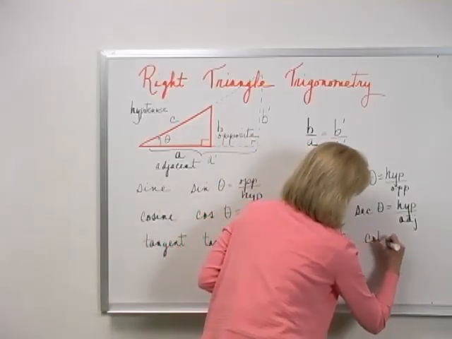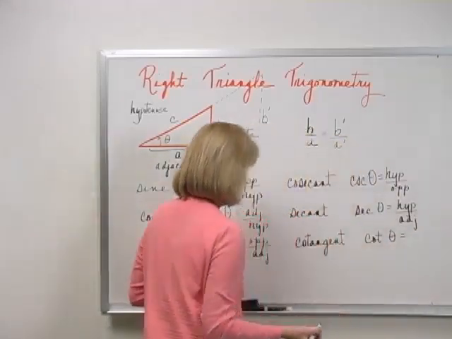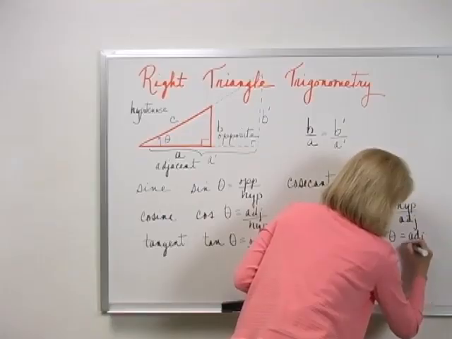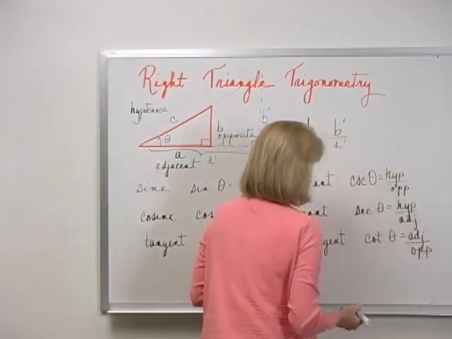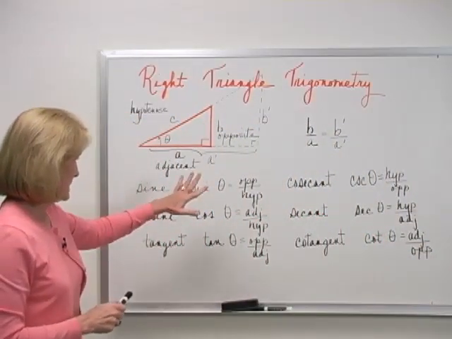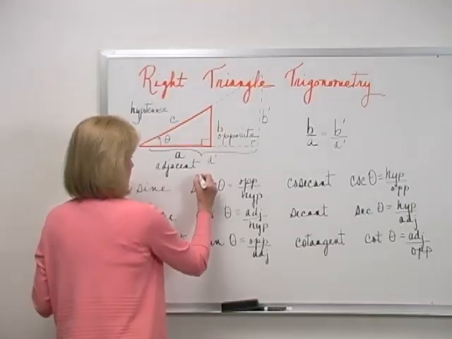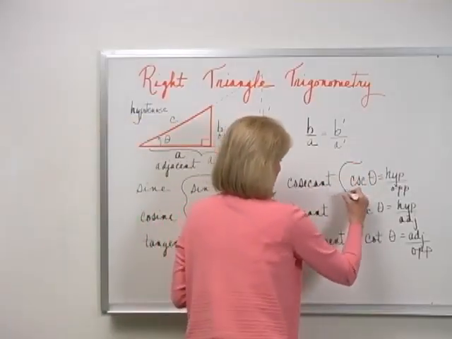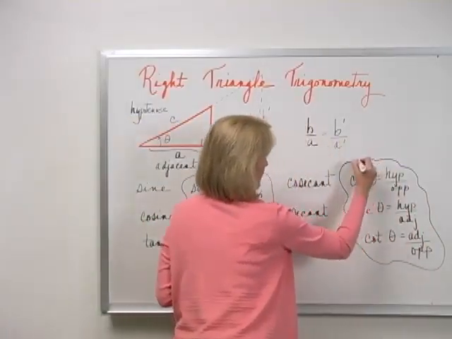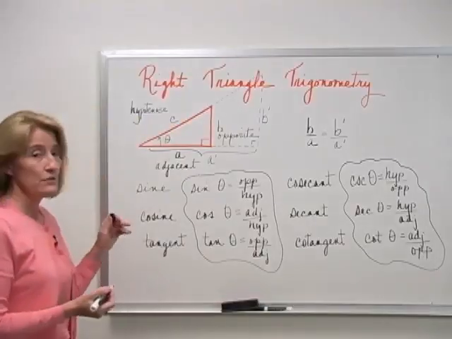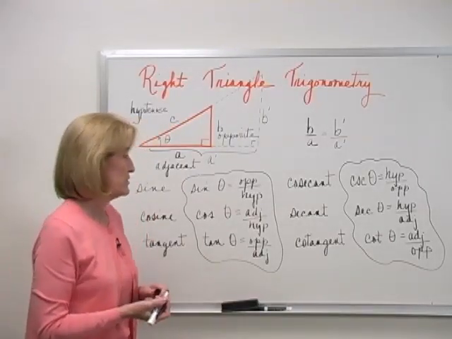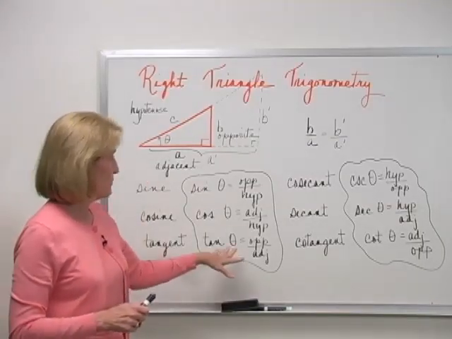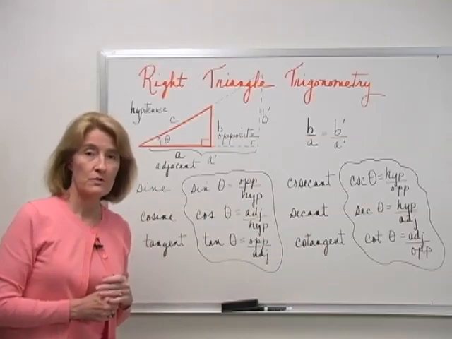Abbreviated COT, and it is the ratio of the adjacent side to the opposite side. These 6 ratios and their associated names in terms of angle theta are called the right triangle definitions of the trig functions of theta. You need to study these carefully. You need to practice writing them over and over again till you're absolutely comfortable with them.